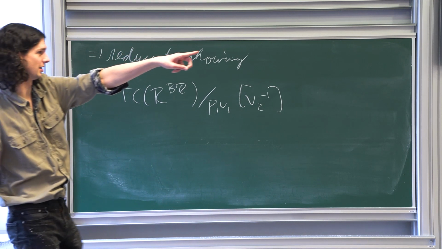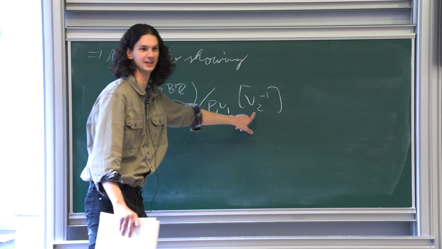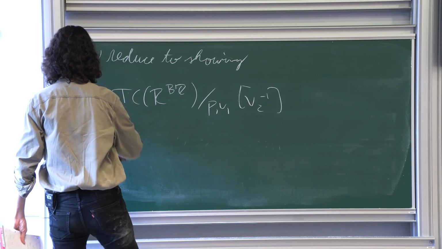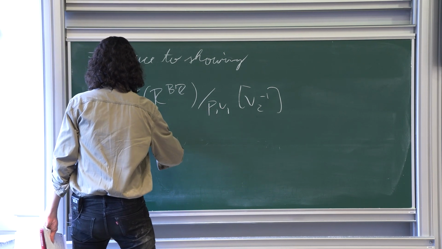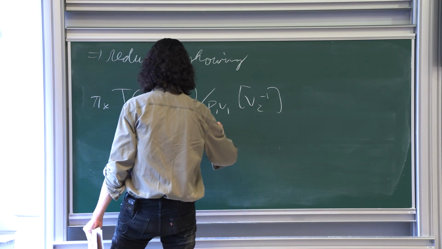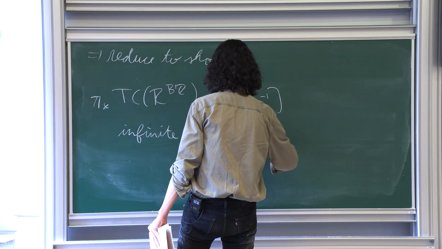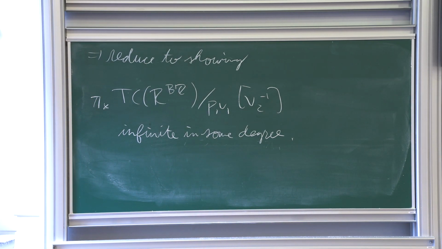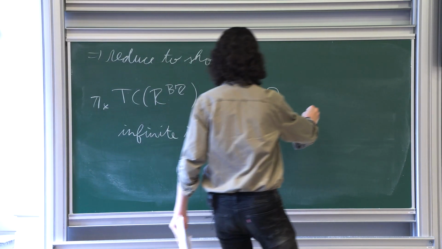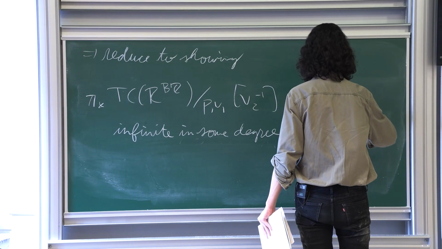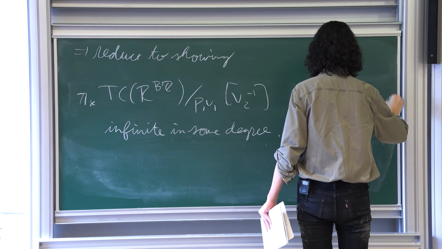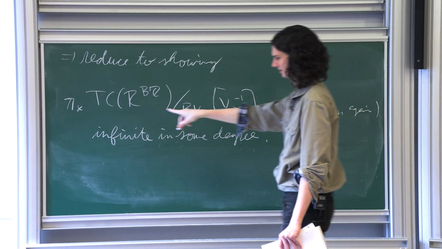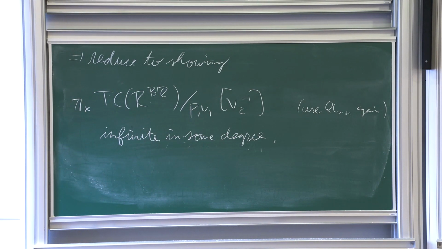I was supposed to be analyzing mod v2 to the a, but now I go back to looking at the periodic version, and this is infinite in some degree. The argument for QL n plus 1 given in step 2 also applies to the trivial action, which is why I can do this.